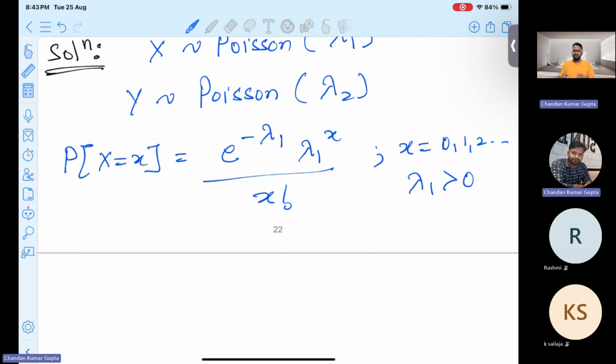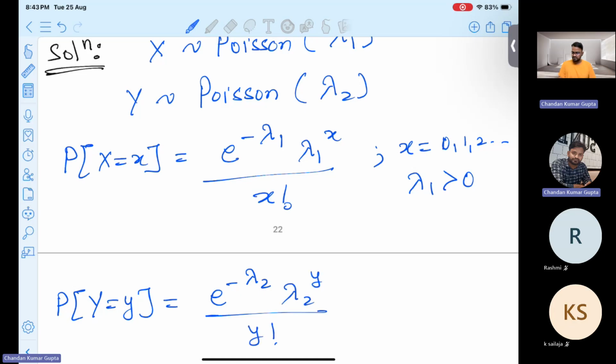Okay, this is the marginal. Now again, the probability that Y equals y is e to the power minus lambda2, lambda2 to the power y upon y factorial, for y equal to 0, 1, 2, and so on, and lambda2 is also greater than 0. These are given.